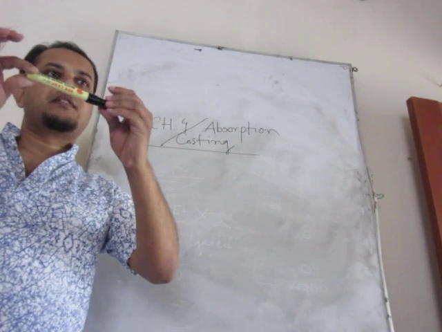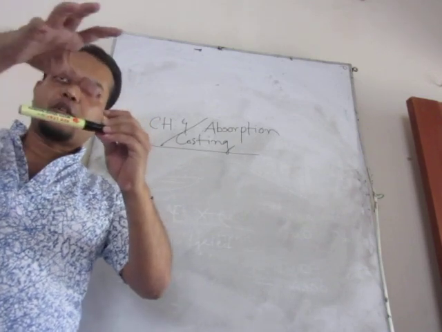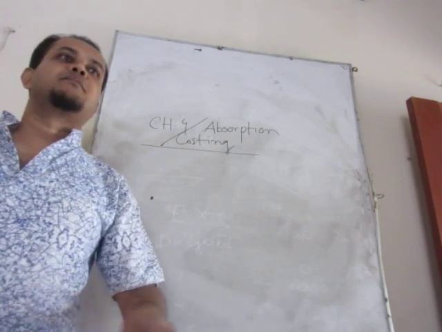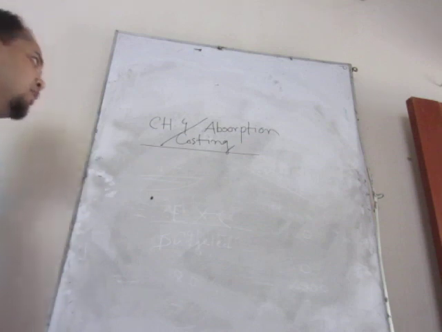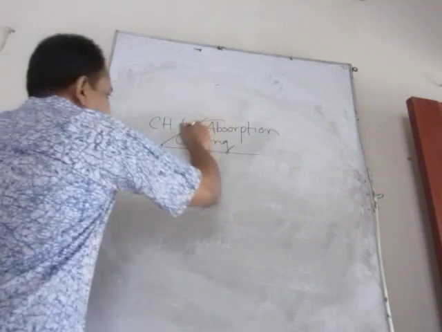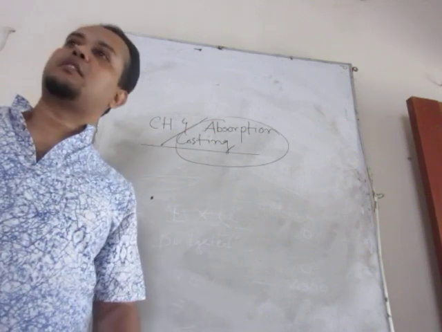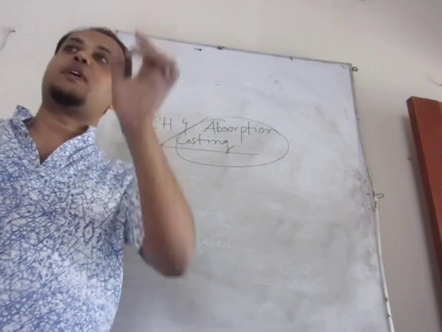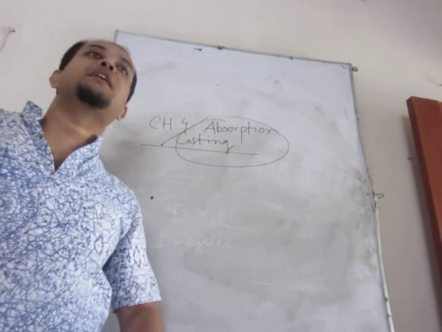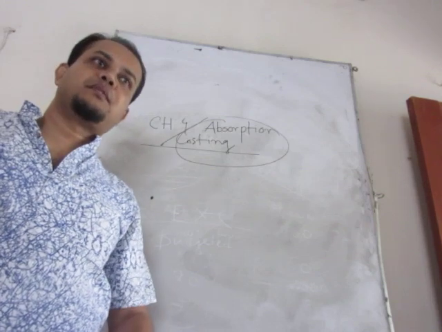Now our task is to find out what amount of indirect cost this product will absorb from different places. See? So what do we mean by absorption costing? Absorption costing is a process to calculate the fair portion of indirect cost. The word is fair portion of indirect cost that should be charged with the finished item or product.